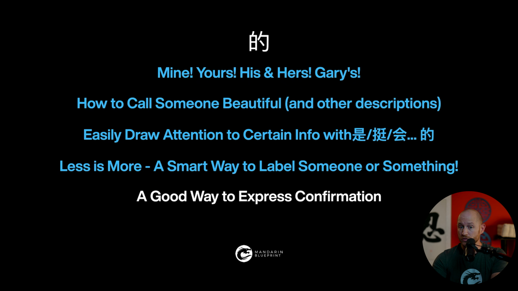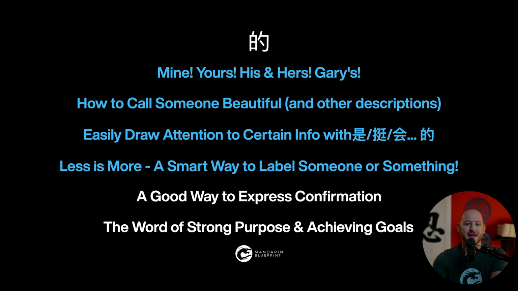And don't forget the tonal twist to di for expressing confirmation, and really we only really use that with 的确. And finally, how di helps you to hit those targets and goals. So master these 6 usages, and you'll see how this tiny character can massively elevate your Chinese game. So keep practicing and let de work its magic in your conversations.